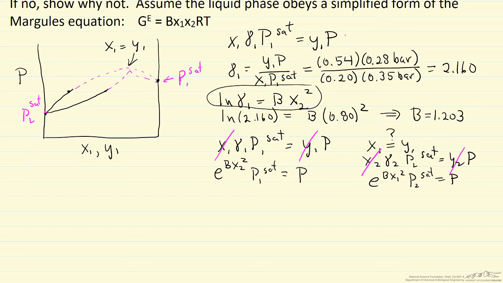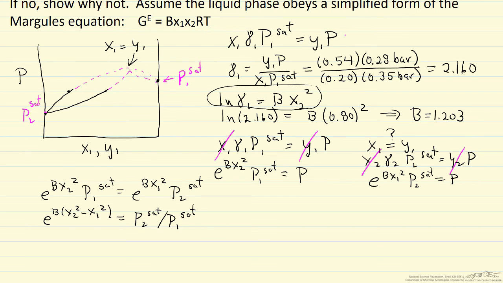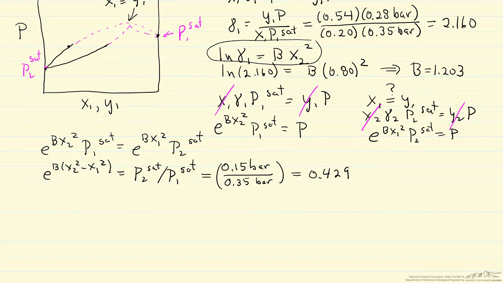So let me pause and do that. I've simplified over here, and now I can make the substitution for b and the saturation pressures. Let me also make a simplification that'll make the manipulations a little easier. x2 squared minus x1 squared can be written as the product (x2 minus x1)(x1 plus x2).